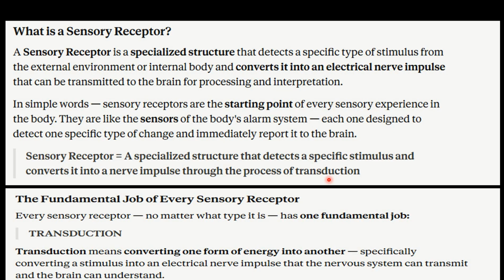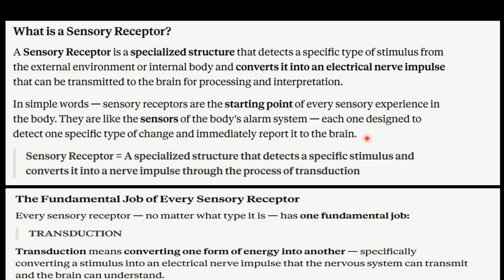So what is the major role of a sensory receptor? To detect. It detects a specific type of stimulus from the external or internal body and then converts it into an electrical nerve impulse, which is later transmitted to the brain for processing and interpretation. In simple words, sensory receptors are the starting point of every sensory experience in the body.